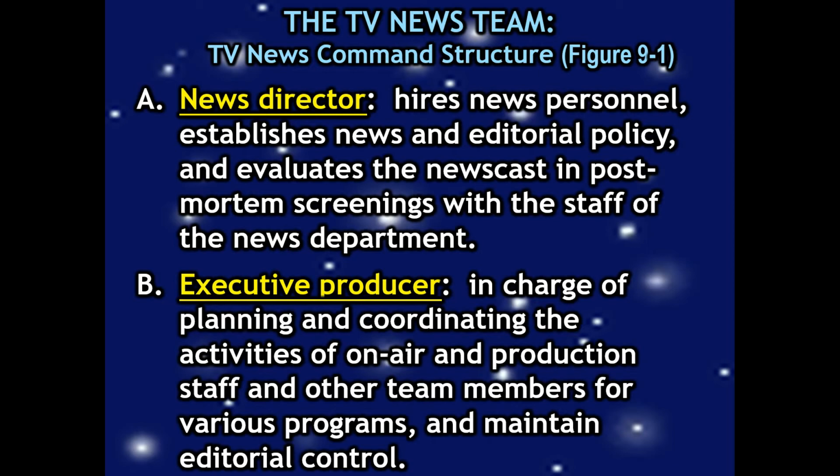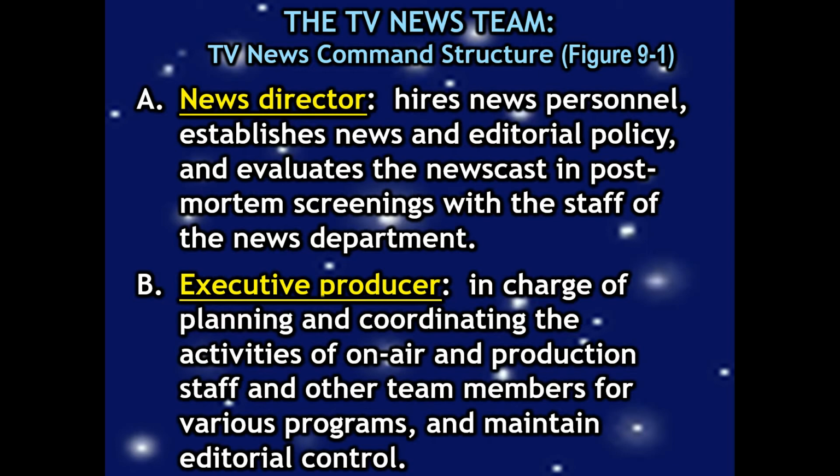Underneath the news director is everybody else, but the next in line is the executive producer. This person is in charge of planning and coordinating the activities of on-air and production staff and other team members for various programs.